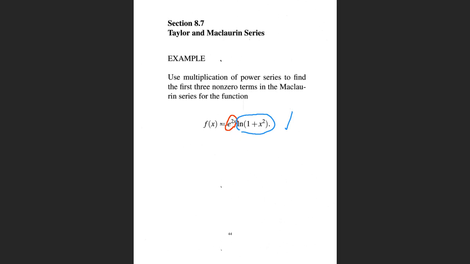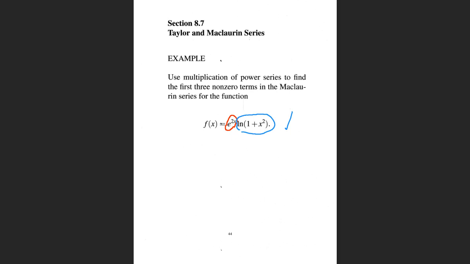Now, we could, of course, find some derivatives of this function, go out to the third or fourth or fifth derivative and try to see what the pattern is, and then hopefully come up with a formula for the Maclaurin series for this function.